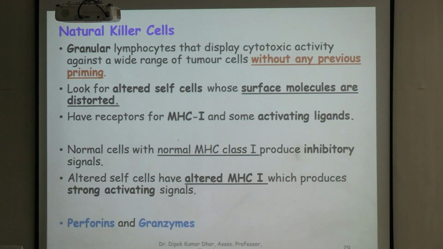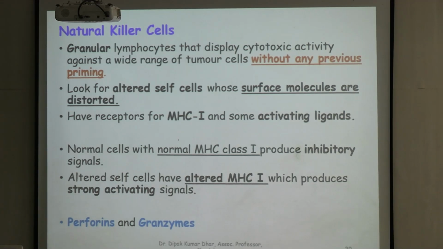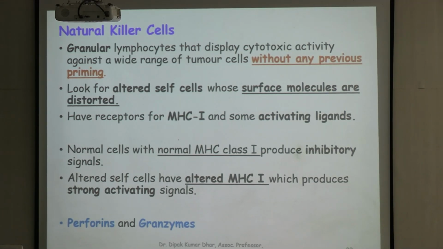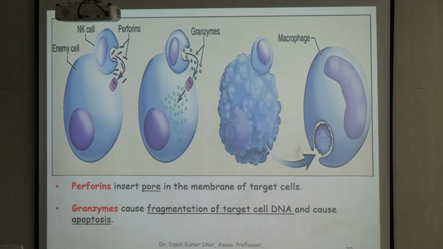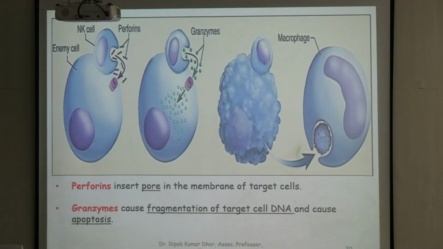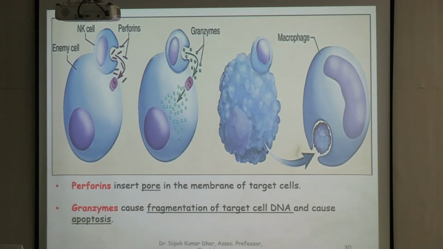So it is important that altered MHC1 should be recognized for the NK cell to act. How do they act? They produce perforins and granzymes. Perforins are proteins, and small pores are inserted on the organism.